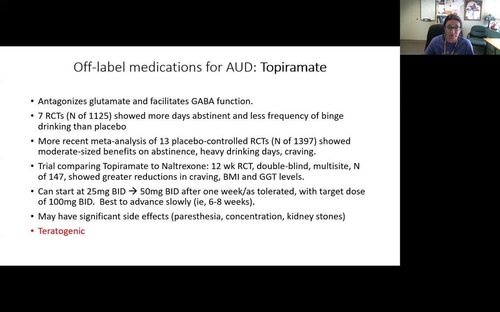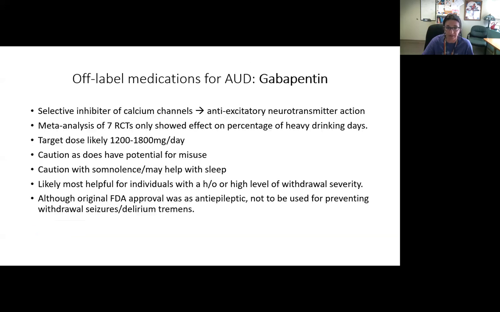So we start with 25 milligrams daily, then twice a day, and gradually increase by about 25 milligrams a week until we hit that target dose. Some people do well on lower doses, but they may have significant side effects. And importantly, it is teratogenic, so it cannot be given in pregnancy, and certainly we counsel women of childbearing age about use of birth control if they're going to be on this medication.